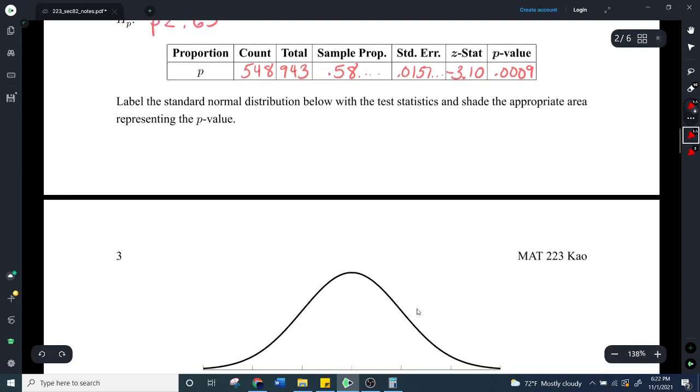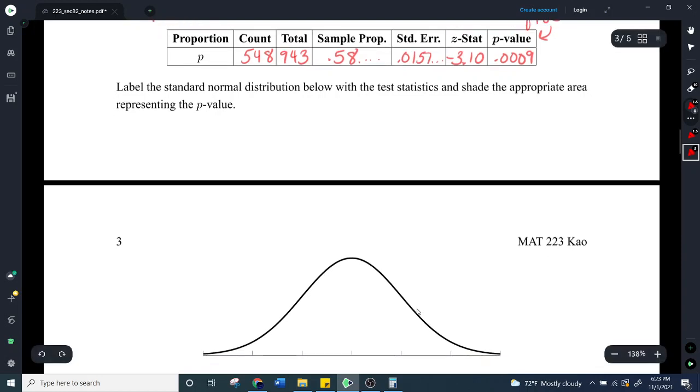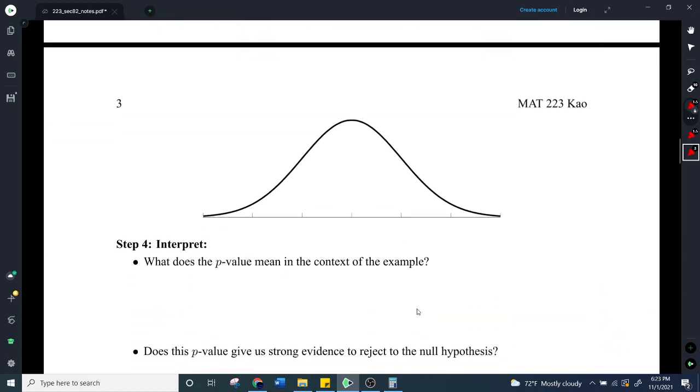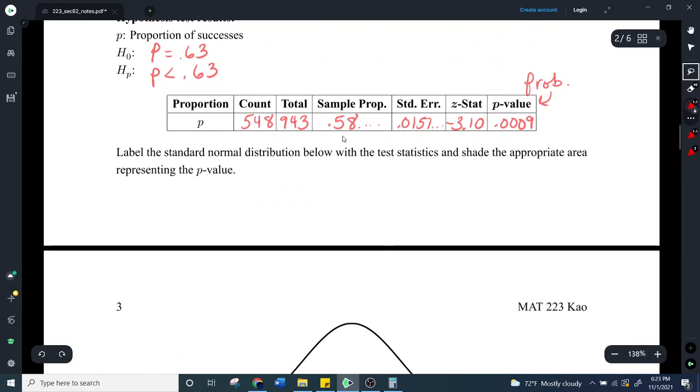What you want to remember, and this is really important, is that your p-value is your probability. Your p-value is the shaded area in the graph. If the null hypothesis were true, it's the likelihood of getting our particular sample. So here's what this would look like. In the middle would go my expected value, the 63%. My sample proportion was actually 58%.